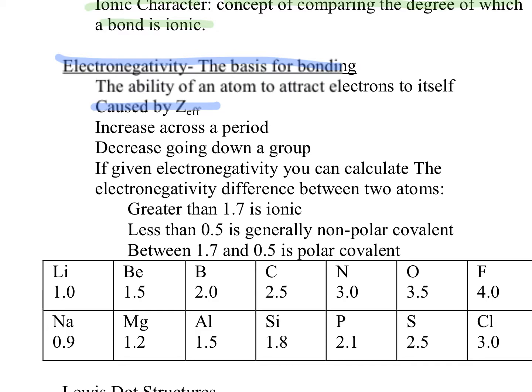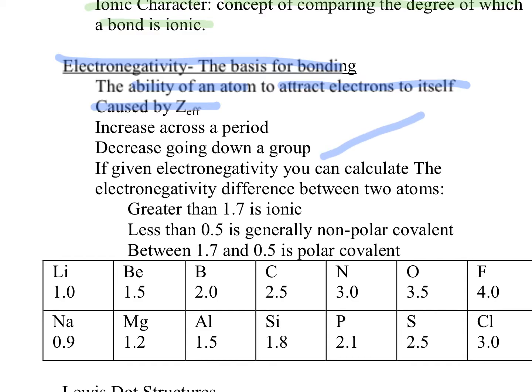Electronegativity is the ability of an atom to attract electrons to itself. So this would be because of the Zeff. Having a very effective proton pull, it's so effective, it starts to pull on electrons of other atoms in order to fill its outer shells. So Zeff causes electronegativity. Electronegativity is what creates our bonds.